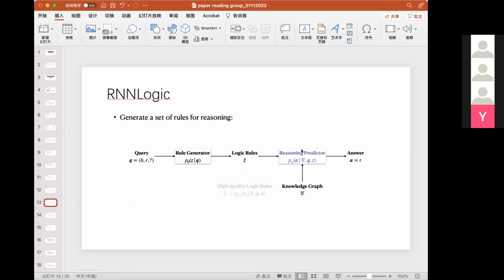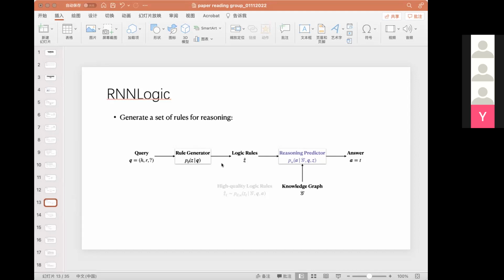The idea here is that for the E step, we will draw a set of rules for each data instance or query here, and then we will let the reasoning predictor predict the ground truth answer for the query.